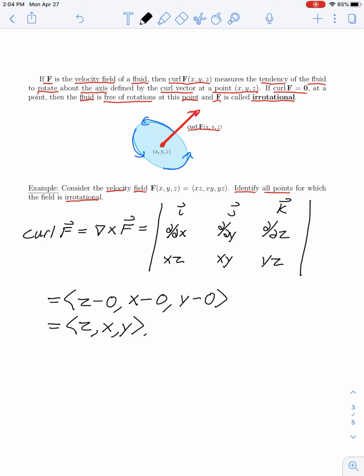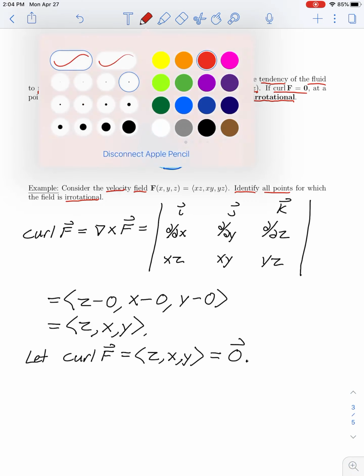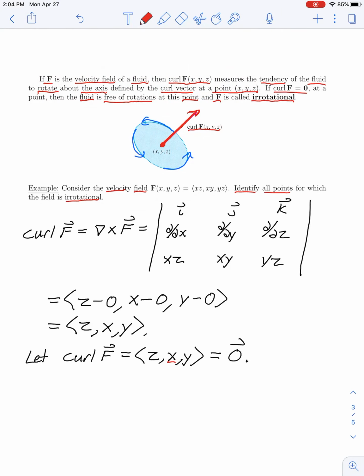Now, in order to find points where this field is irrotational, we're going to let that curl vector, so here curl of f, which was z, x, y, be equal to the 0 vector. So in order for this curl to equal the 0 vector, we need each component to be 0. So we find here that x has to be 0, y has to be 0, and z must be 0.